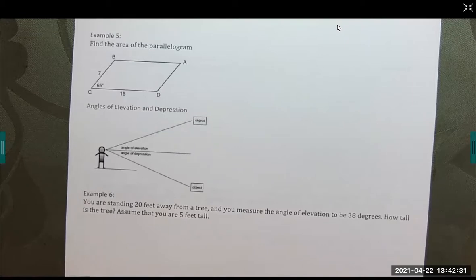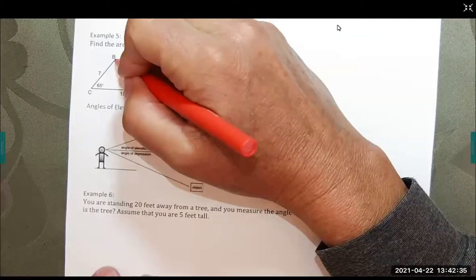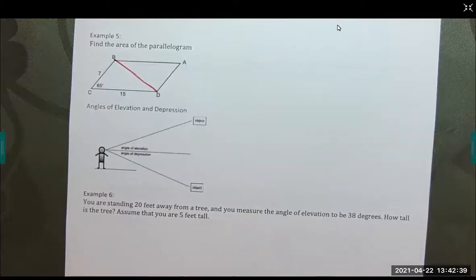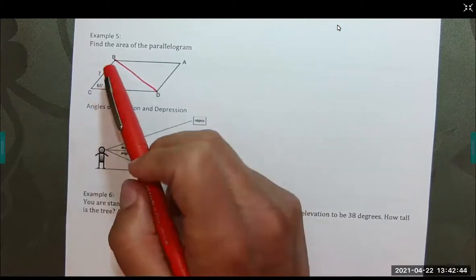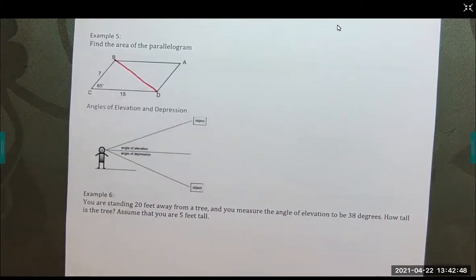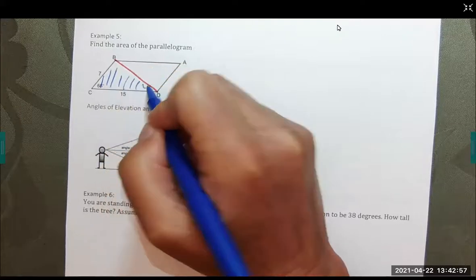Now, I want to make it clear with a parallelogram that if I chop this down the diagonal, I actually end up with two triangles that are actually the exact same. And you can see I have side, angle, side, so I can use the formula from above, but I have to double the formula. Right, so once I get this area, I just double that.